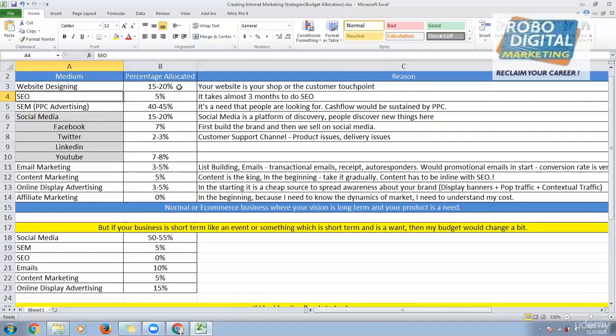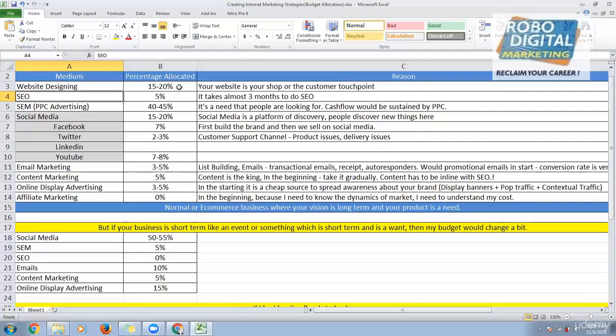I'm not saying you will invest 1 lakh rupees and you will make a profit of 1 lakh rupees in the first month itself. You might make it or might not be able to make it, but you start getting the revenue. You might get a revenue of 5 lakh rupees where your profit is 80,000, 90,000 or might be 2 lakh rupees, but that will be there. Okay, so we spend most of the budget on PPC, that's why.